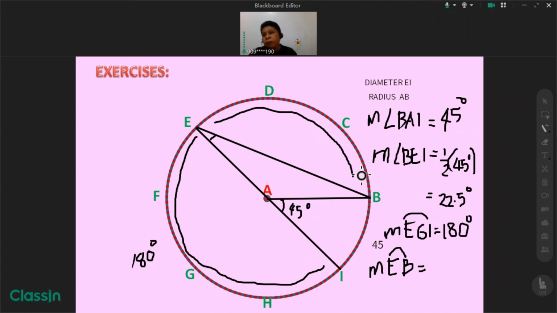That is 180 minus 45, or 135 degrees. So the measure of this arc is 135 degrees. That's how to find the measure of the parts of the circle.